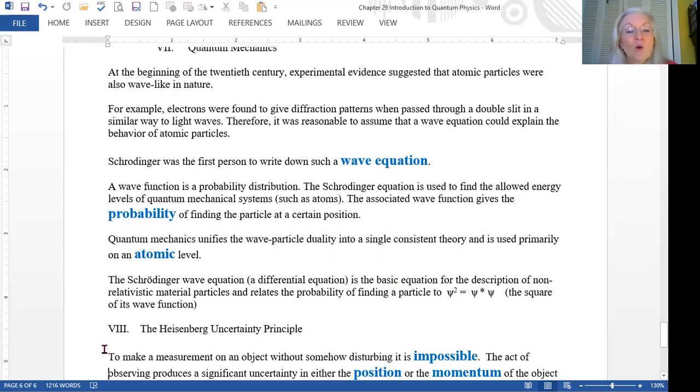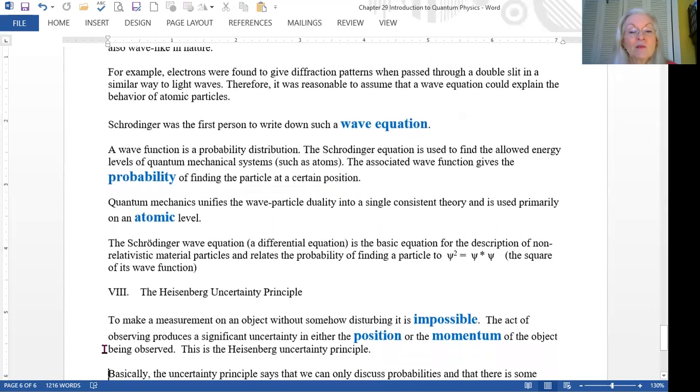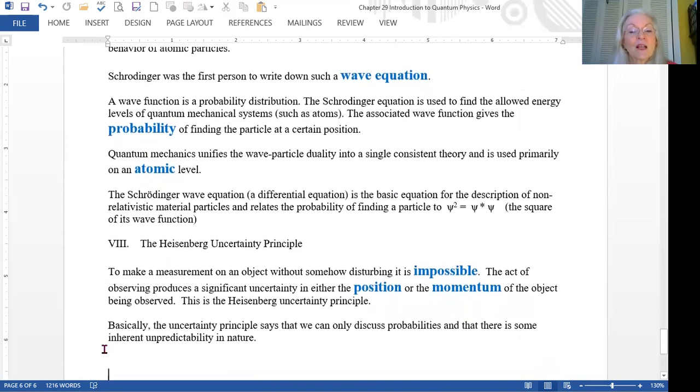You can't talk about quantum mechanics without discussing the Heisenberg uncertainty principle. So the Heisenberg uncertainty principle says that it's impossible to make a measurement on an object without disturbing it. And so Heisenberg said you can either know the position of the object or the momentum of the object, but you don't get to know both at the same time. So you discuss probabilities.